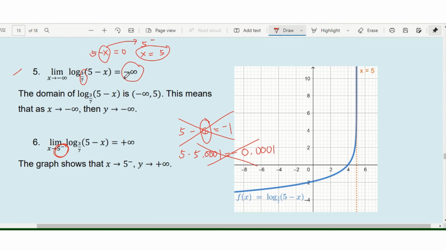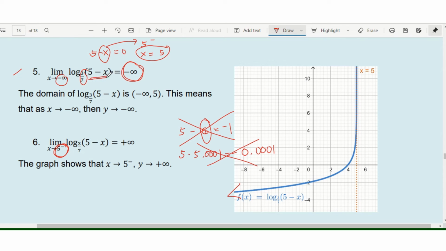Bakit? Okay? Bakit ganun na nangyari? Because when you keep on having values of x which are all negative, kasi yung negative infinity, yan sabi niya. Bababa at bababa. Take note, okay?